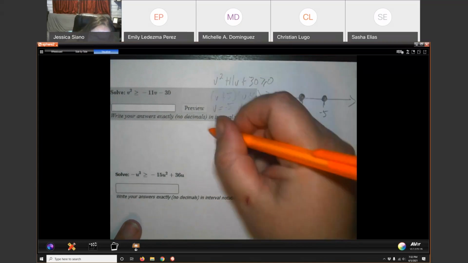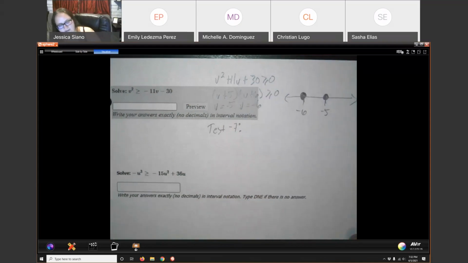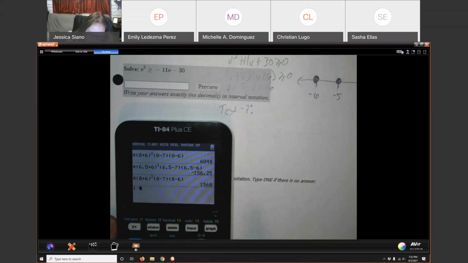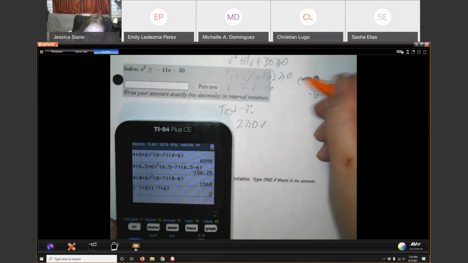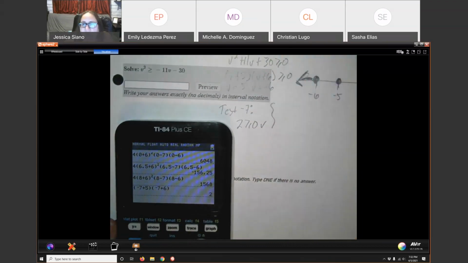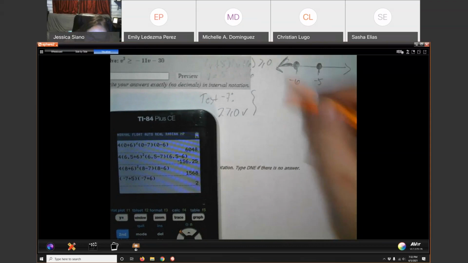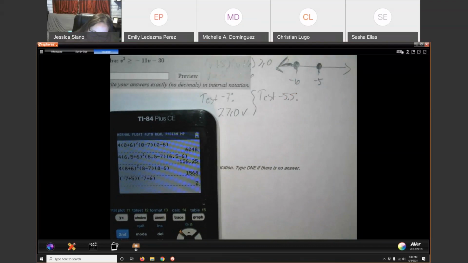So let's test a value less than -6, so -7. So let's shade that section. Let's test a value in between -6 and -5.